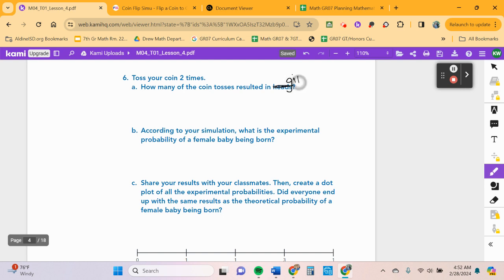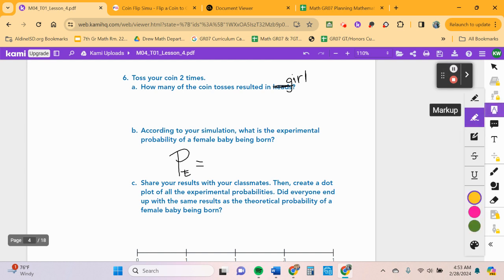So that actually is asking how many coin tosses resulted in girl, or your female result. Part B says, according to your simulation, what is the experimental probability? So the experimental probability, so what result we get of our female being born. So let's go ahead and do this. We're going to toss our coin 2 times, and then we're going to get that experimental probability.